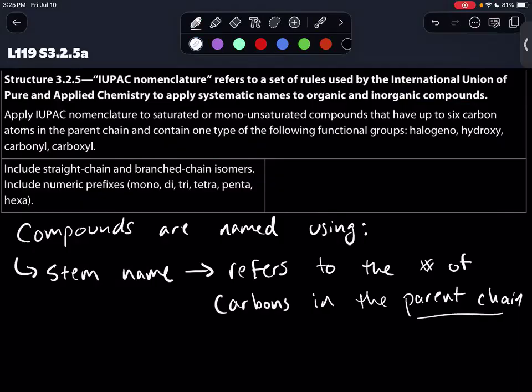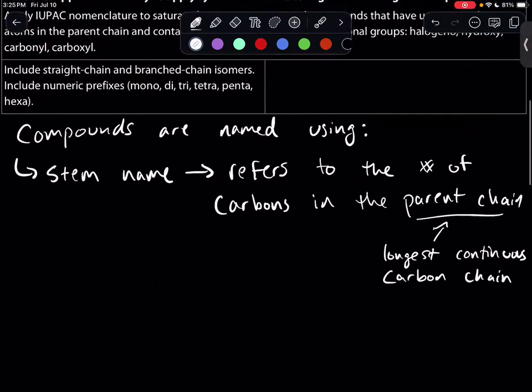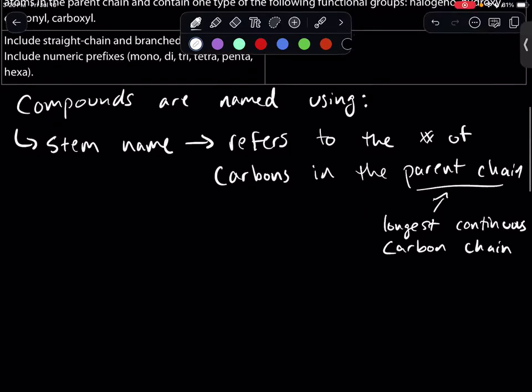Now, parent chain is also a reference to the longest continuous carbon chain. So that stem name is the meth, eth, prop, but, pent, hex, all those prefixes we learned before. We have some flashcards on them by now.